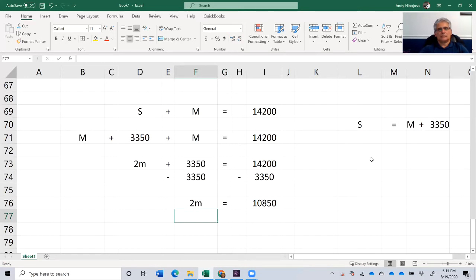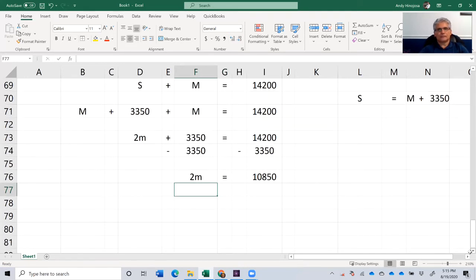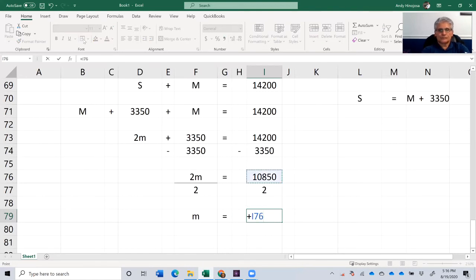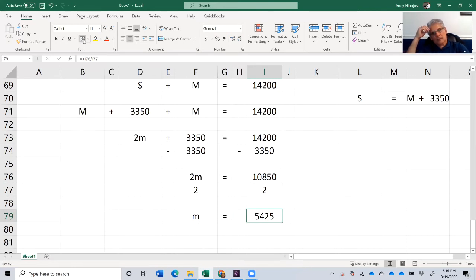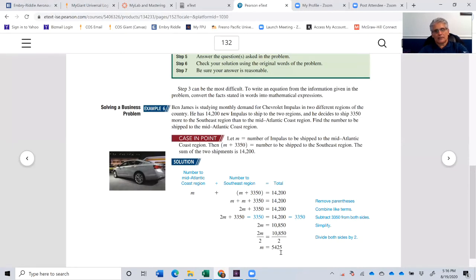And now, take one last step here. Go ahead and divide both sides by 2. That's going to leave us with M equal to 5,425. So M, representing what's going to be shipped to the Mid-Atlantic, is equal to 5,425.